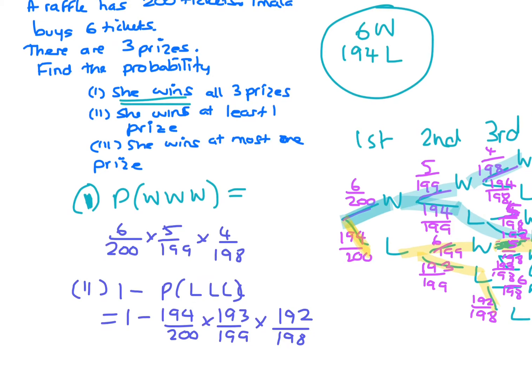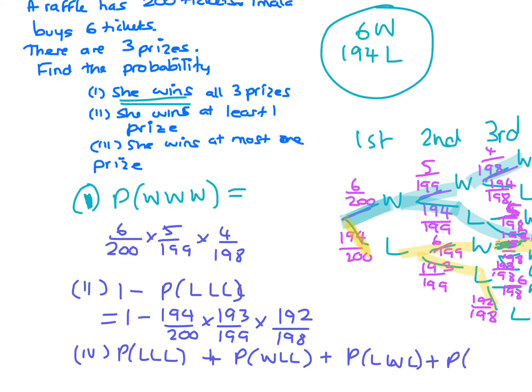Okay, and she wins at most one prize. That would be lose, or she wins at most one. So that means you can't win all. She could lose, or she could win one. So she could win, lose, lose, or she could lose, win, lose, or she could lose, lose, win.